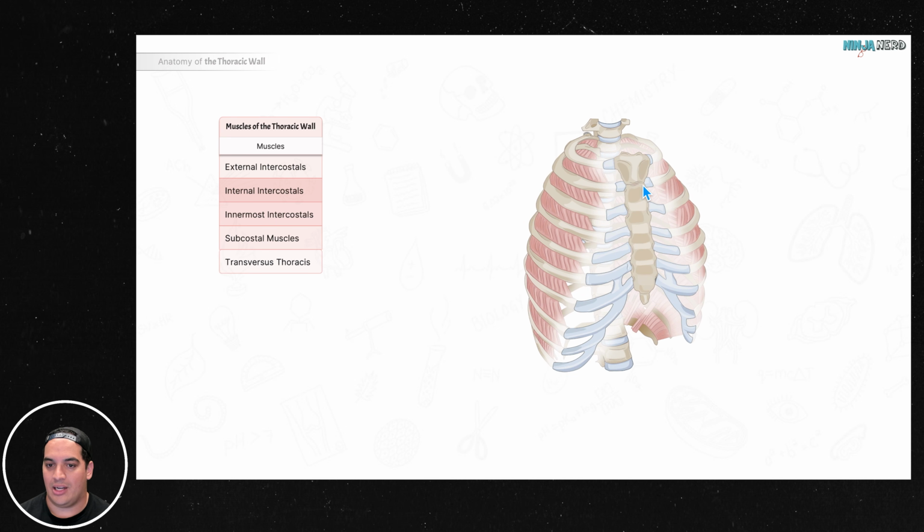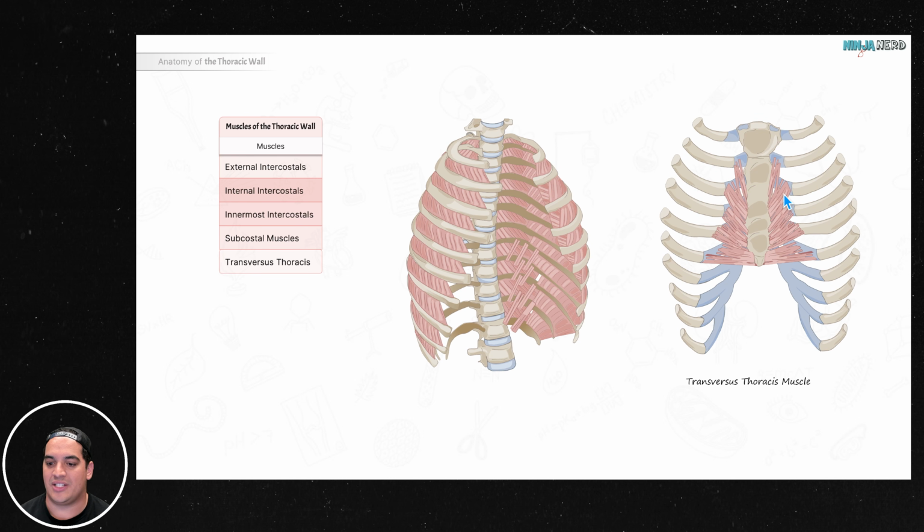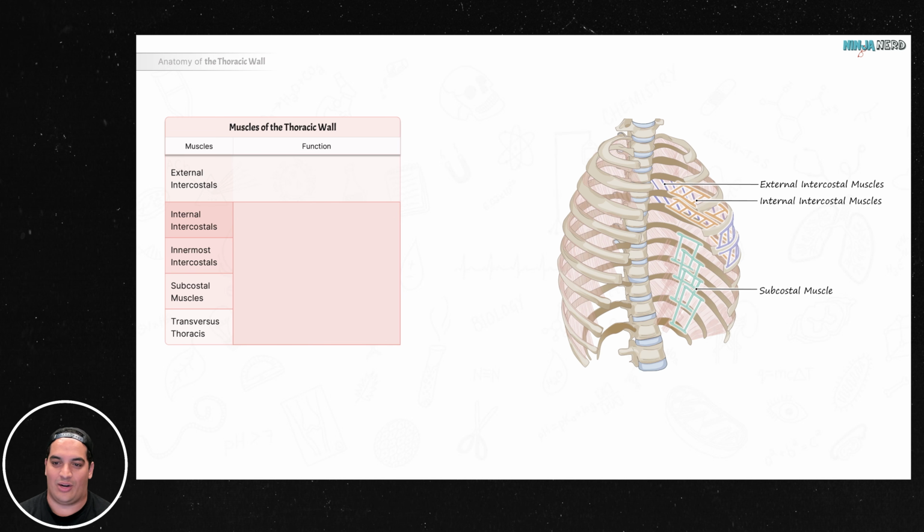Another muscle that's going to be interesting, if you cut on the sides of the sternum and look behind it, you can appreciate this muscle called the transverse thoracis. Again, this has a similar function to the internal intercostals, the innermost, and the subcostal muscles. We have a better appreciation of how these muscles contract when you look at them as rubber bands.